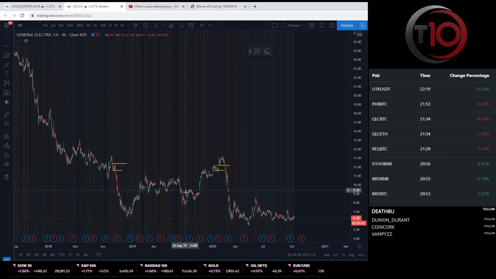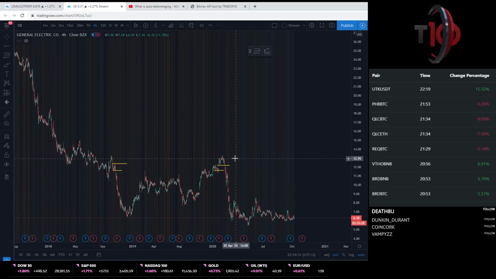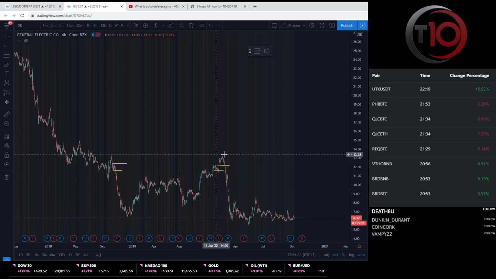Here and try to play this area, or even better, if they can at some point get above here, try to long the previous failure zone here, but it looks really bad.